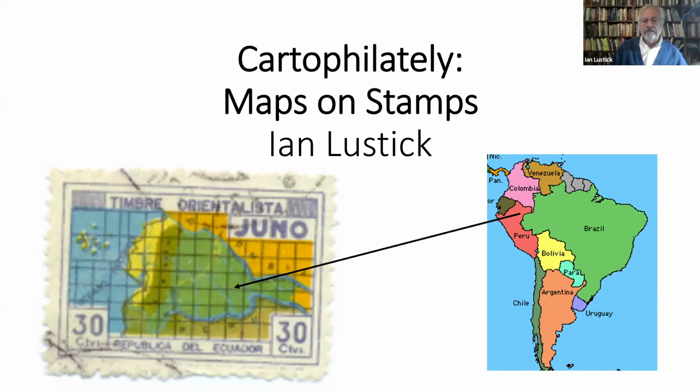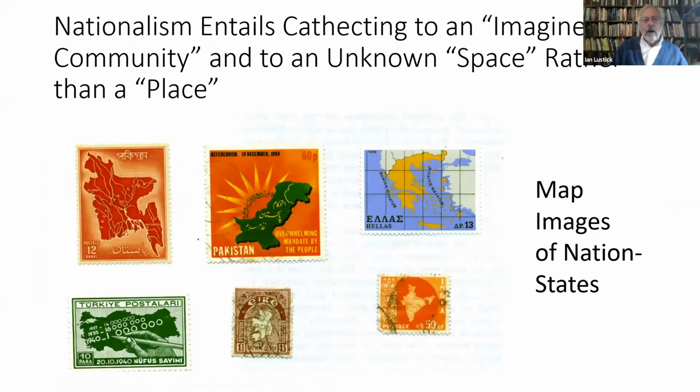Now, one of the things I teach about, and one of the things you have to understand quite a bit about in order to go into this kind of topic and understand what stamps are doing with maps, is to understand nationalism. We all know that nationalism is an amazingly powerful force.